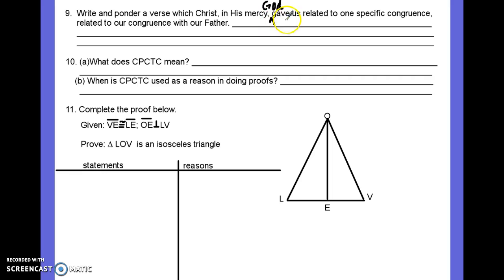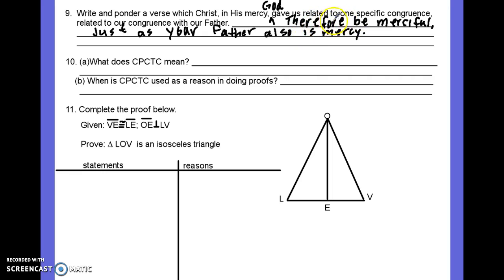And this specific one is where He says, therefore, be merciful, just as your Father also is merciful.